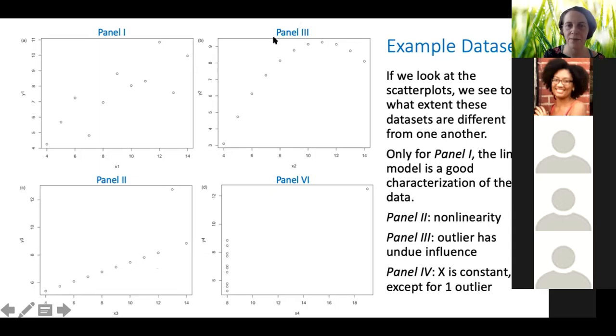And then for panel 3, it's very clear that the relationship between X and Y can be better explained by a nonlinear, a quadratic relationship. I actually might have confused the two, but I think that is panel 3 here and that is panel 2. My apologies, but it doesn't actually matter, it's just for illustration purposes. And then for panel 4, we see that our predictor is a constant.